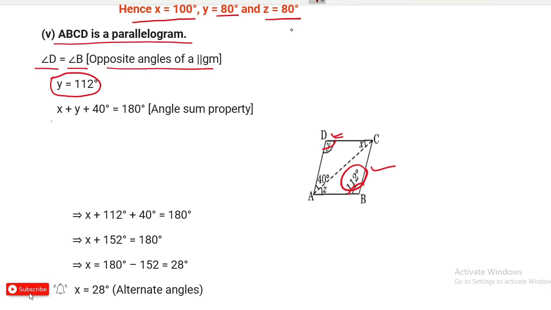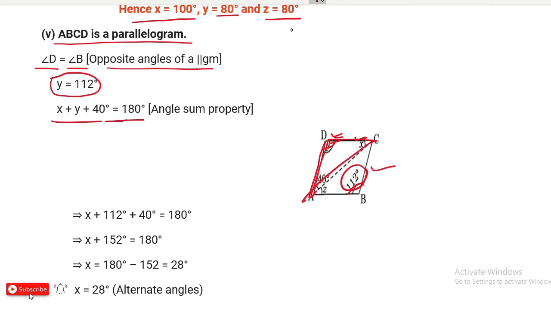Now x plus y plus z is equal to 180. Why? Because we take a triangle here, y and x. Then we can take triangle ADC.